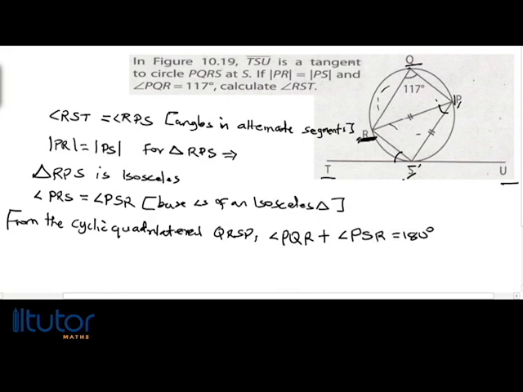One of the theorems on cyclic quadrilaterals states that the sum of the opposite angles of a cyclic quadrilateral is 180 degrees. It's important you state the reason: the sum of the opposite angles of a cyclic quadrilateral is 180 degrees.